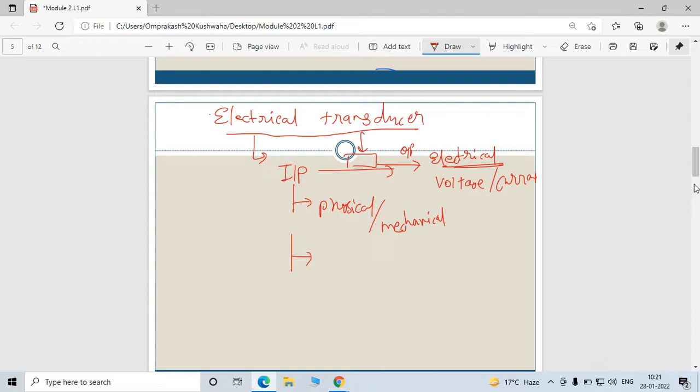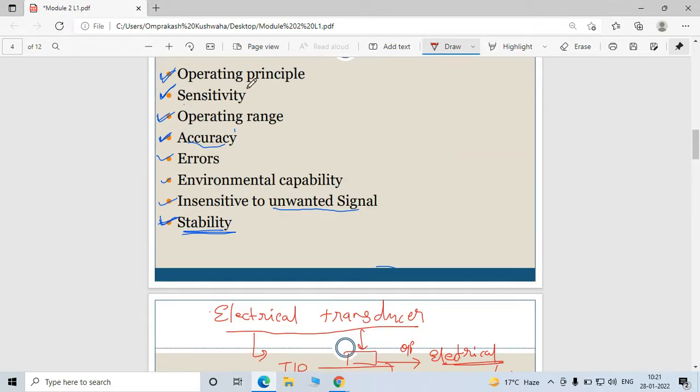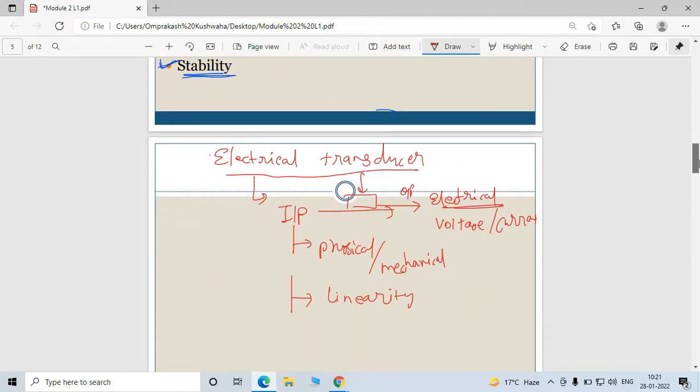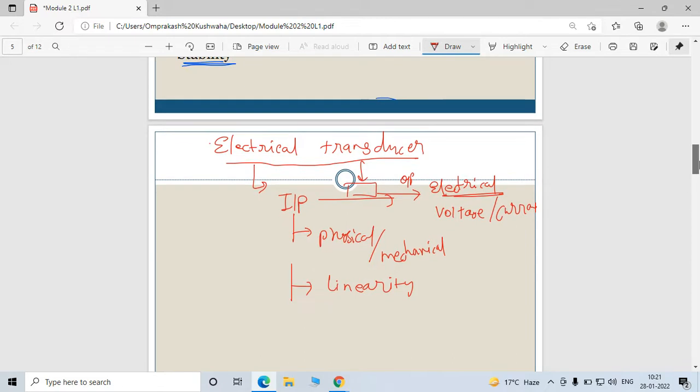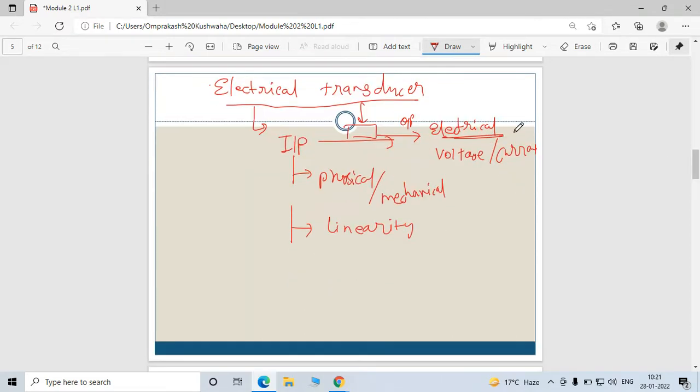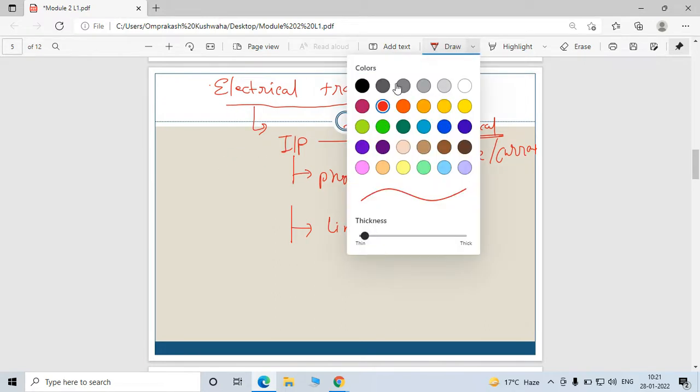So linearity is also one of the supporting characteristics of any good instrument, along with everything I discussed above. Now I'm talking about the resistive transducer, which is one of the types of electrical transducer.